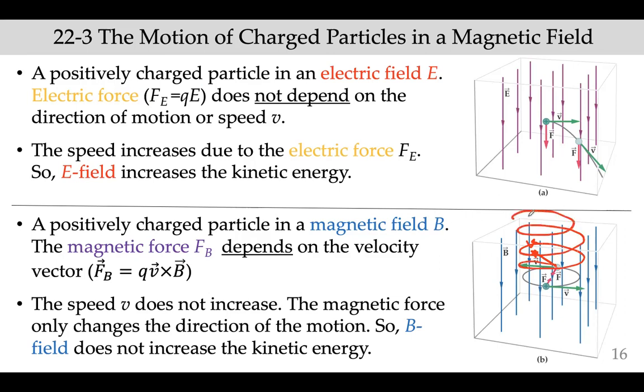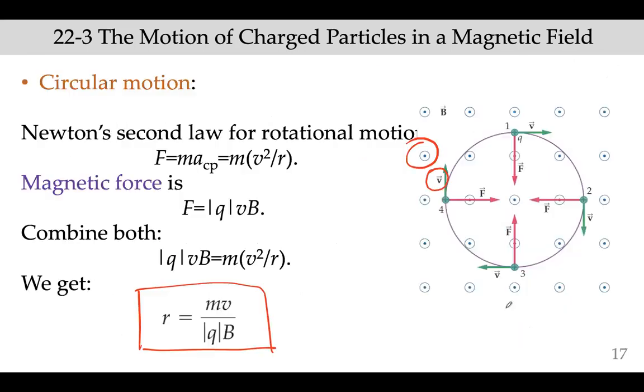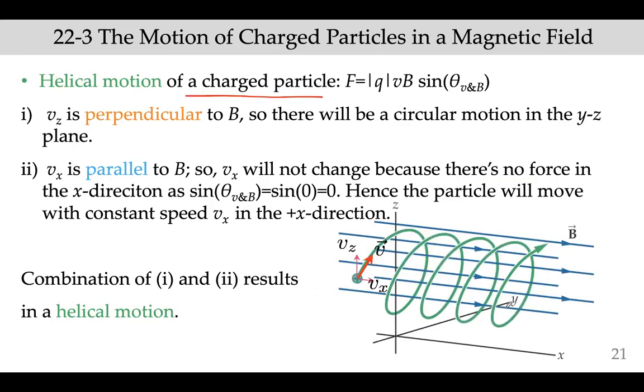It would be making circular motion on this plane, if you think about the shadow here. But in this direction, it will also be moving. That's called helical motion. In this case, the magnetic field lines are in the positive x direction.